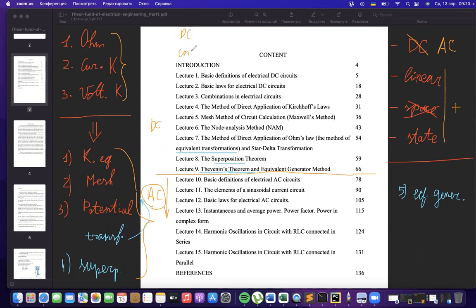In DC we are using constants, just numbers. For example, the current is 5 amperes. But in the alternating current case, we are using complex numbers, complex vectors. Why it's so, we'll speak next time.